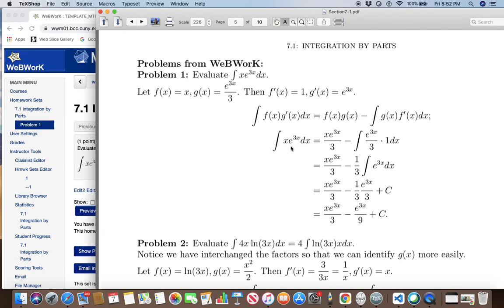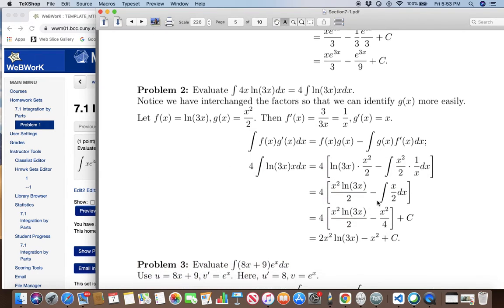So integral x e raised to 3x dx is x e raised to 3x by 3 minus 1/3 integral e raised to 3x. Now this is a straightforward integration. It is e raised to 3x by 3. So in all, the required integral is x e raised to 3x by 3 minus e raised to 3x by 9 plus a constant of integration.